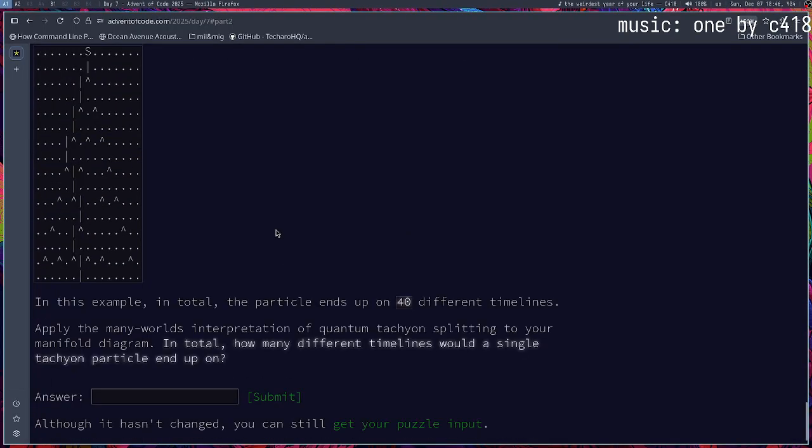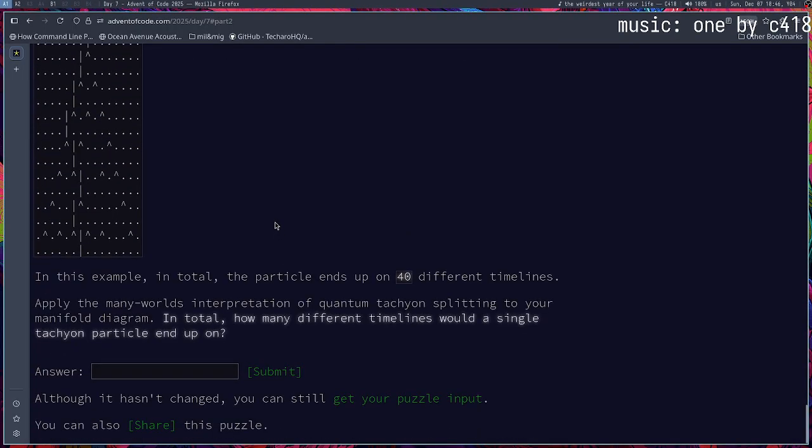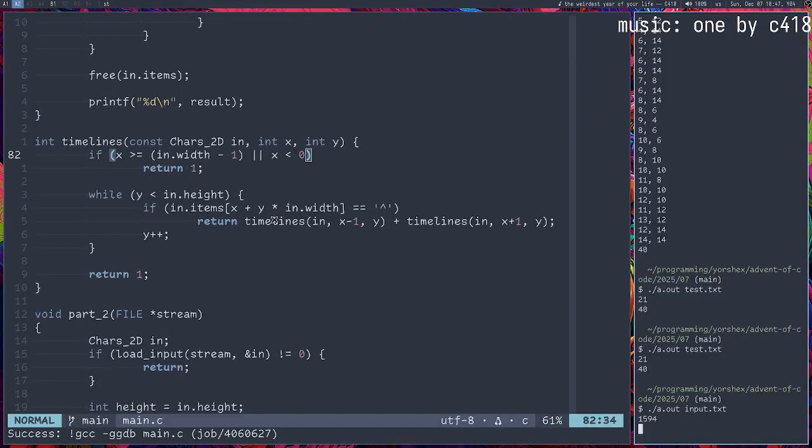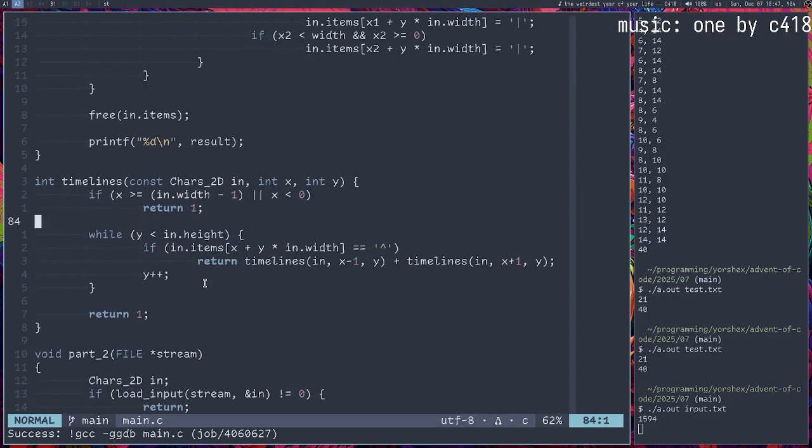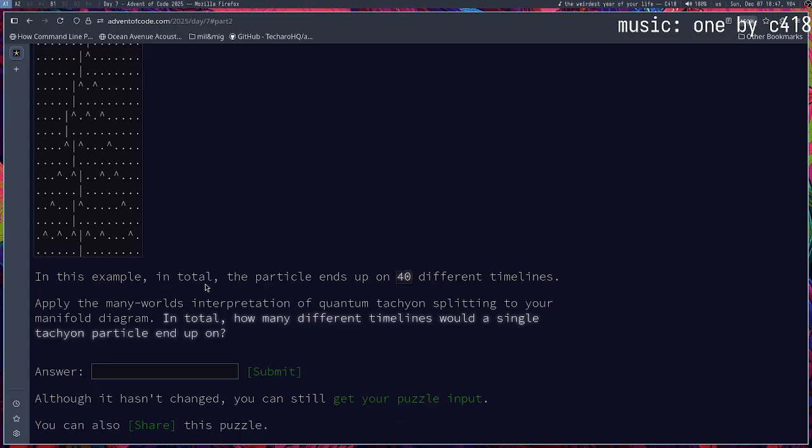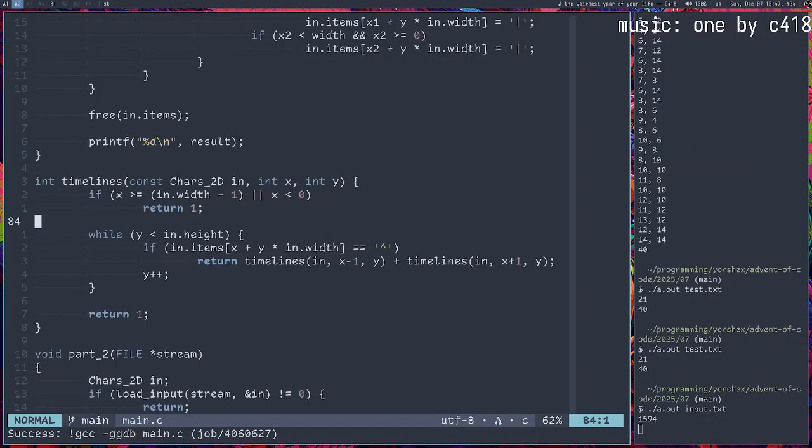Maybe it grows exponentially. If it's gonna be a huge number, maybe it's gonna be above the 32-bit integer limit. And then I'll need to run all of this again, just with a different type.